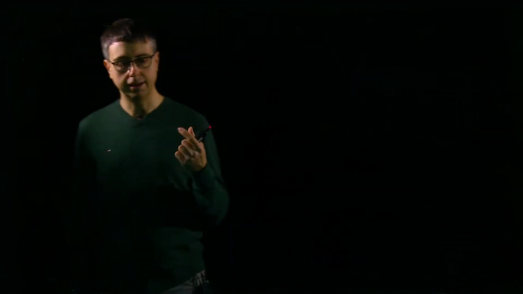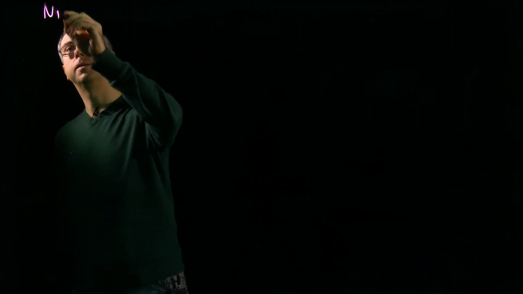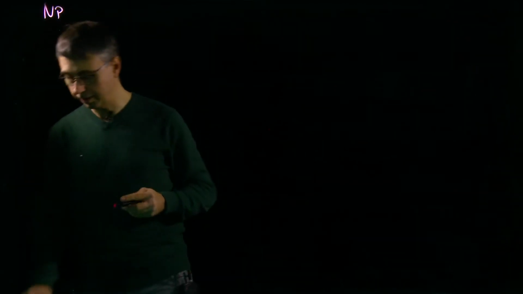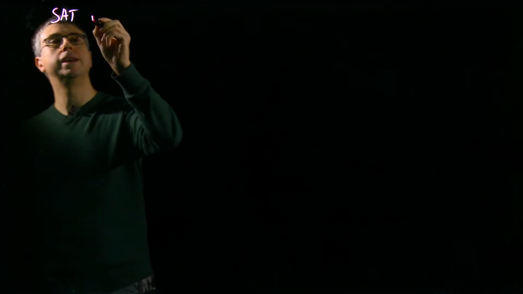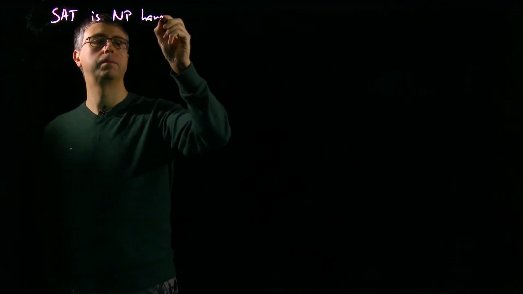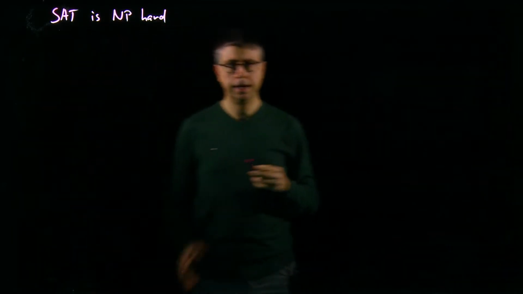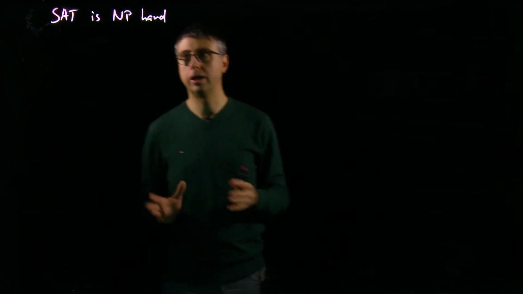So we have so far seen that the satisfiability problem is in NP, and the second part of the proof, that's actually much more complicated, is to show that SAT is NP-hard. This proof might seem tedious and long, and it is unfortunately very long.